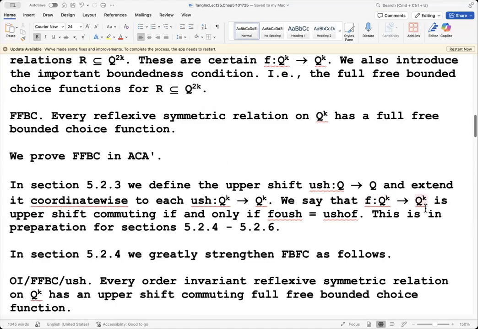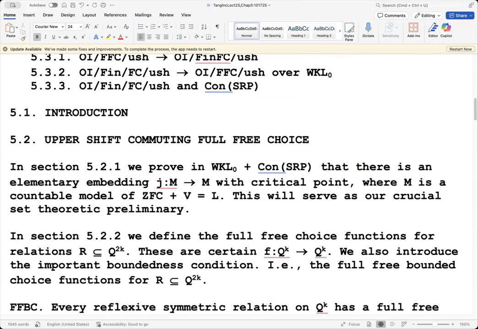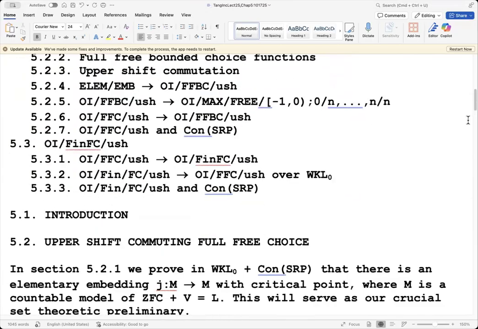We say that F from Q^k into Q^k is upper shift commuting if and only if F composed with upper shift is the upper shift composed with F. This is all set up in preparation for sections 5.24 to 5.26.